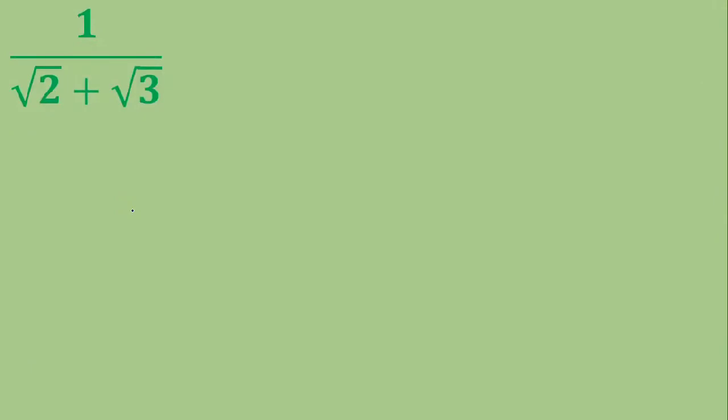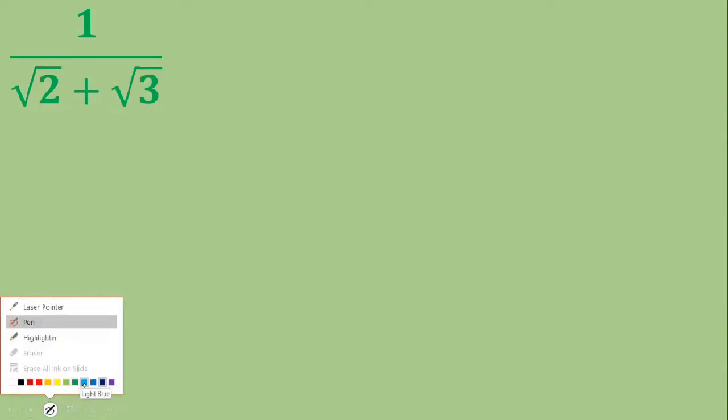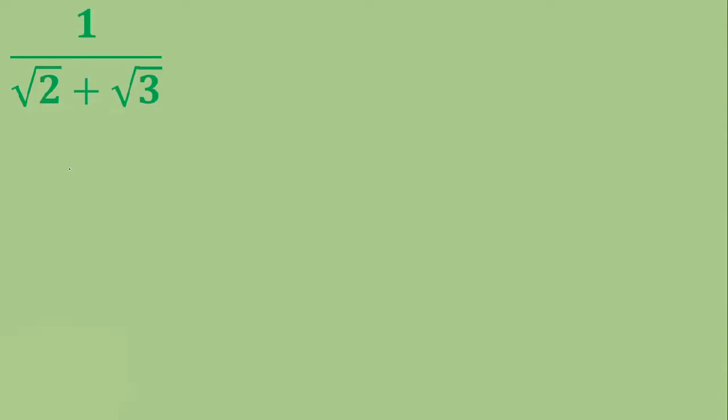Take next example, 1 by root 2 plus root 3. Here 1 is the numerator, which is a rational number. Root 2 plus root 3 is the denominator, which is an irrational number. Now we have to rationalize the denominator. One by root 2 plus root 3.